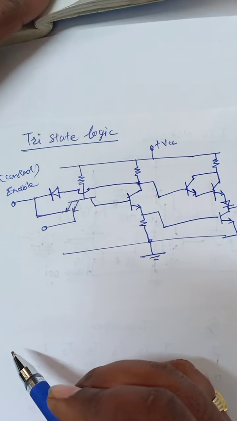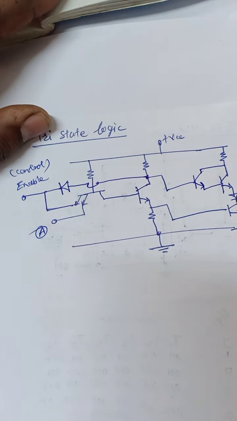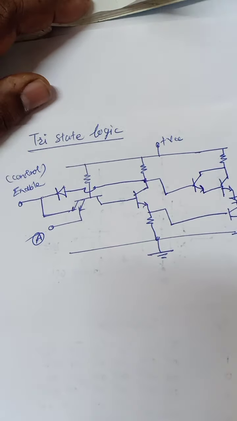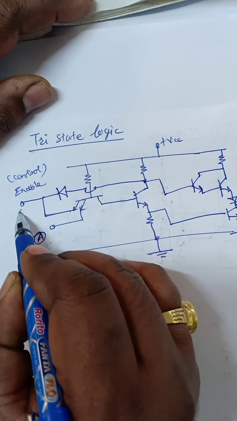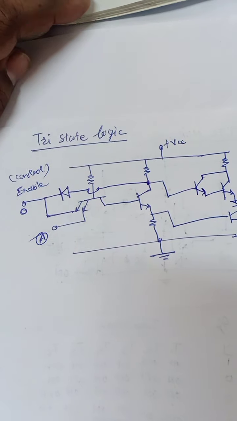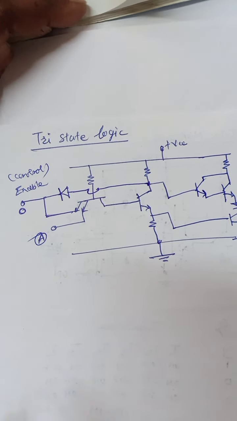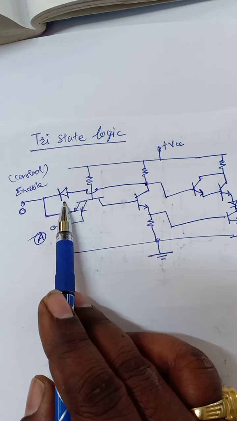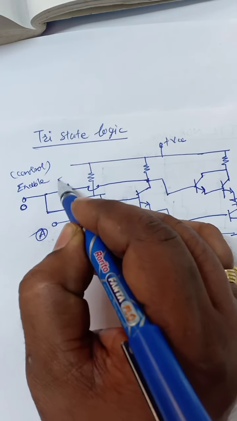Okay, this is known as enable or control, and this is a data input A. If this enable is in 0 state, let us see what happens. If enable is 0, this diode will turn on, forward biased.